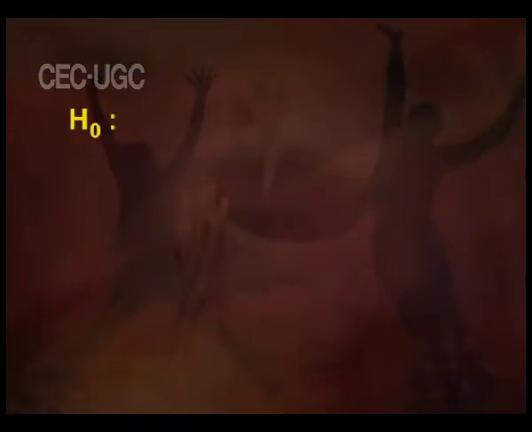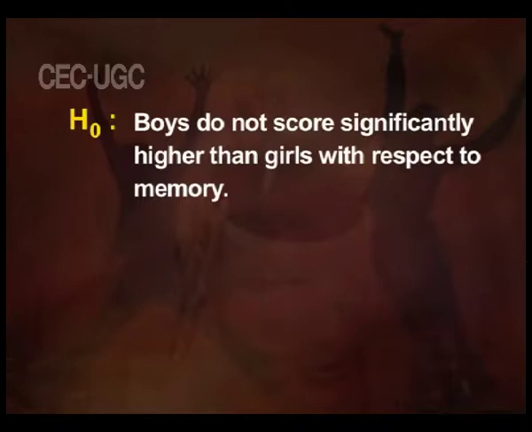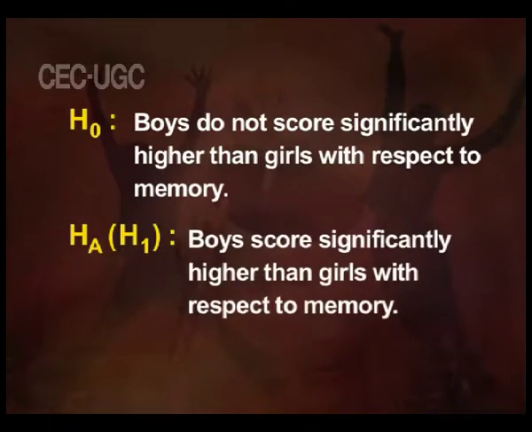The null hypothesis would state, boys do not score significantly higher than girls with respect to memory. The alternative hypothesis would read, boys score significantly higher than girls with respect to memory. As you will note, for this alternative hypothesis, we are predicting the direction of difference by stating that one group will score higher than the other group.